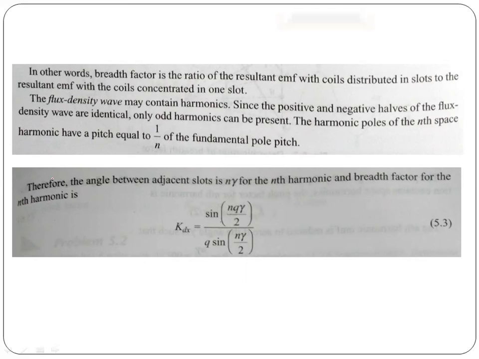The flux density wave may contain harmonics. Since the positive and negative halves of the flux density wave are identical, only odd harmonics can be present. The harmonic poles of the nth space harmonic have a pitch equal to 1 by n of the fundamental pole pitch.